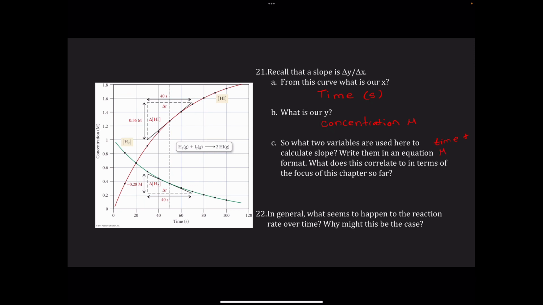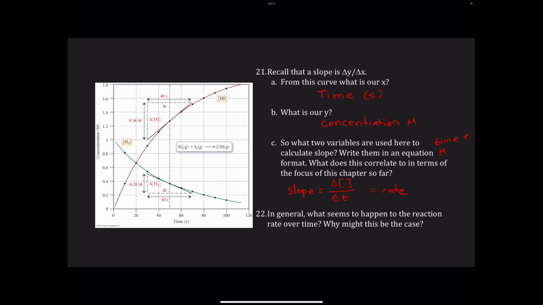So if we write this in equation form, the slope will equal the change in our concentration over the change in time, because we're looking at the change in y, which is our concentration, divided by the change in x, which is our time. Now, we've just been talking about changes in concentration over changes in time, and we said those were defined as being rate.